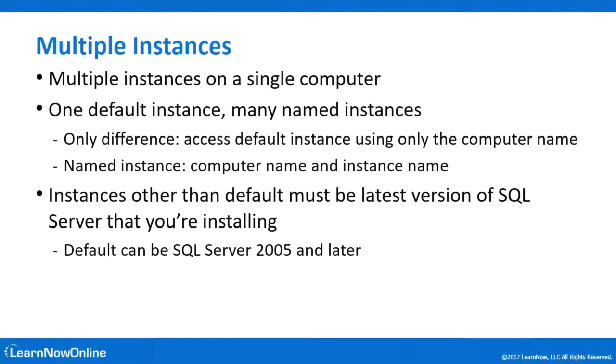You could have a default instance of SQL Server 2005, because that doesn't have to be the latest version of SQL Server. And then you can have multiple named instances of SQL Server 2016. So if you have a named instance of SQL Server 2016, all of the named instances have to be that version. So in that scenario, only SQL Server 2016 can operate as a named instance.